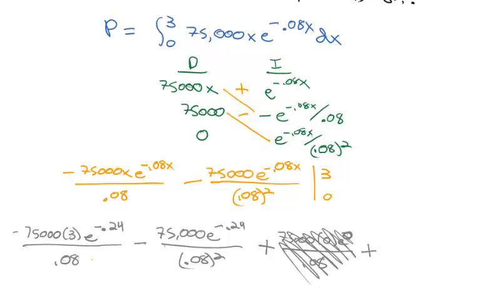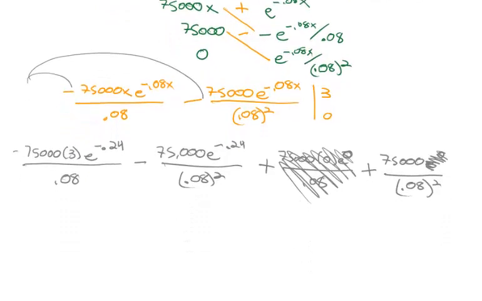Plus, because we have to change the sign, distributing the negative through, 75,000 e to the 0 over 0.08 squared. And anything to the 0 power is 1, so we don't even really need the e to the 0. So that cleans it up a little bit, so we can type it all into our calculator.